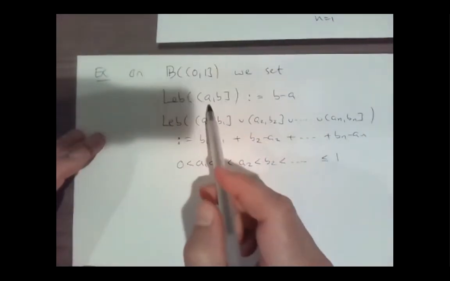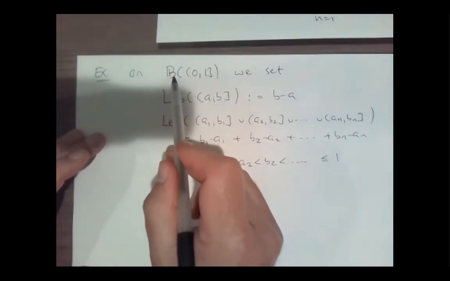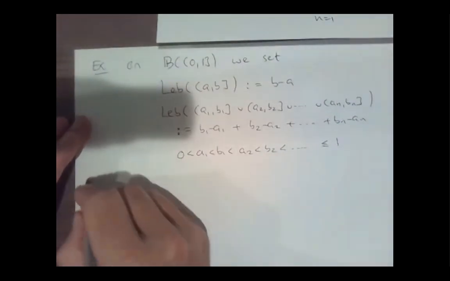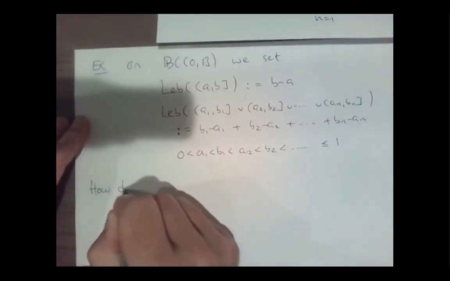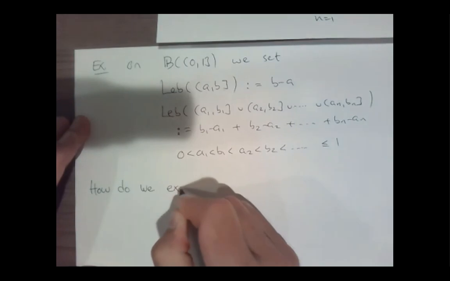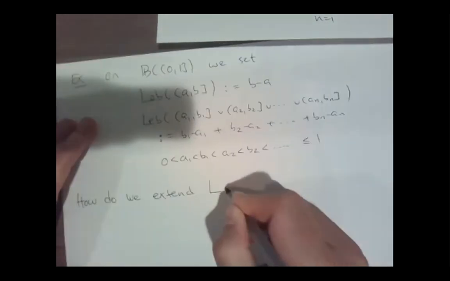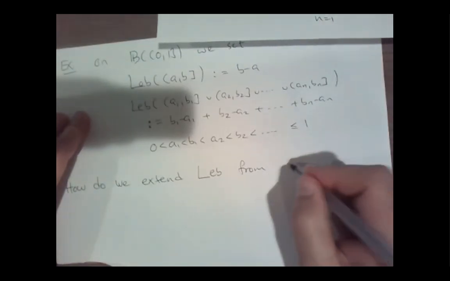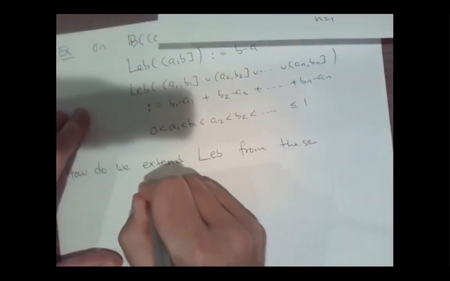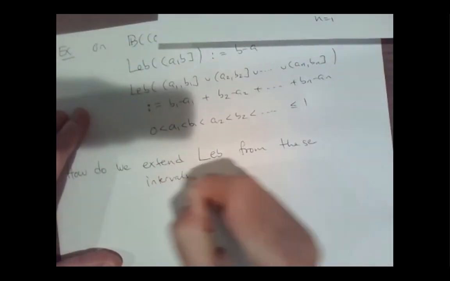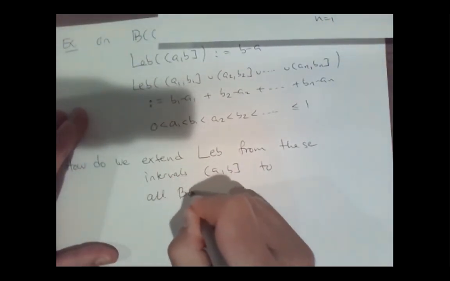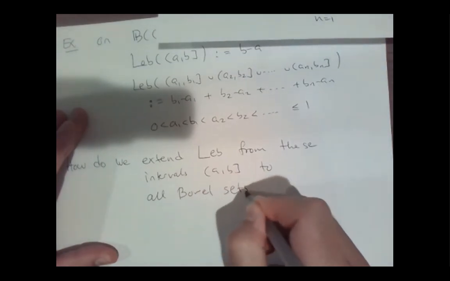But there are, as we know, many more elements inside here than just these half-open intervals. So it begs the question, how do we extend this Lebesgue measure from these half-open intervals a to b to all Borel sets?